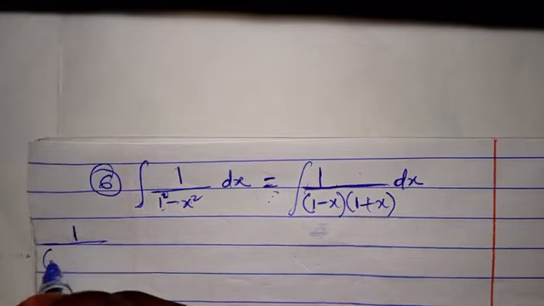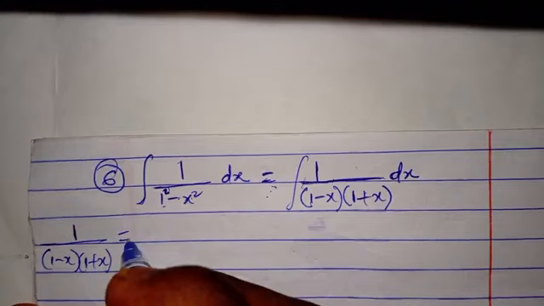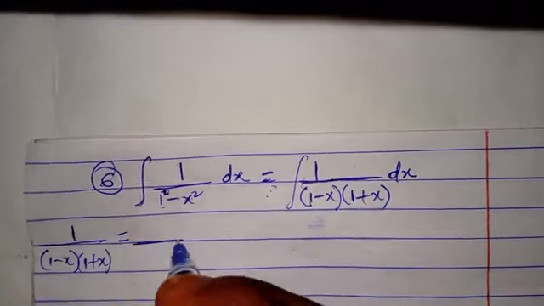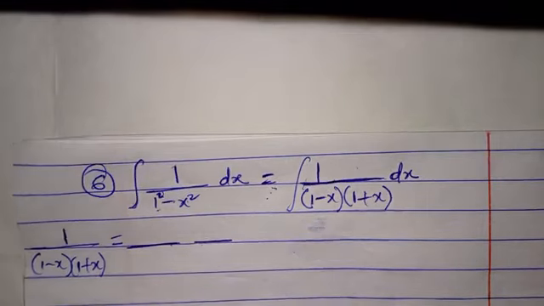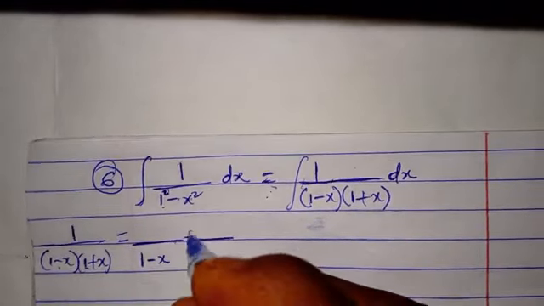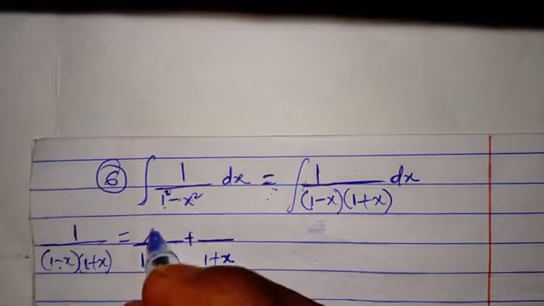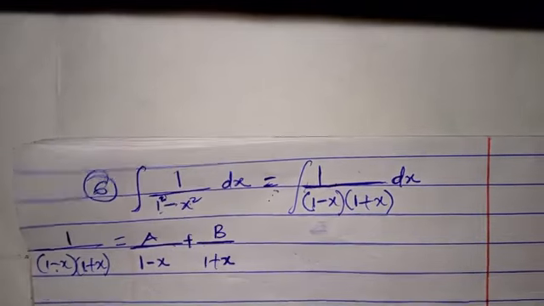1 all over 1 minus x, 1 plus x equal to, the two factors at the bottom are linear factors, right? 1 minus x, 1 plus x. Since they are linear factors, we assign constants to their numerators.